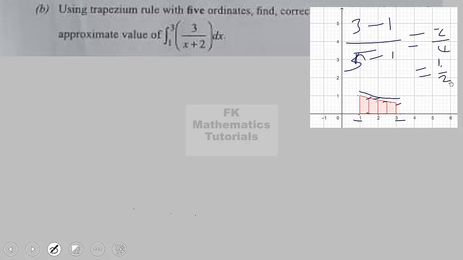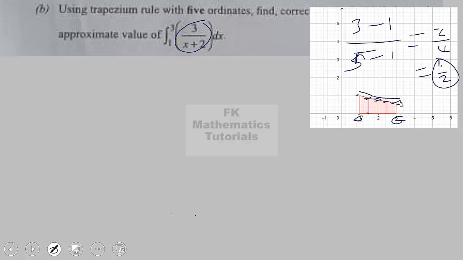So when we take the lower limit, which is 1, we keep adding 0.5 until we get to the upper limit, which is 3. Then we plug those x values into the function, which is this function. That will give us the y values here, here, here, here, and here.